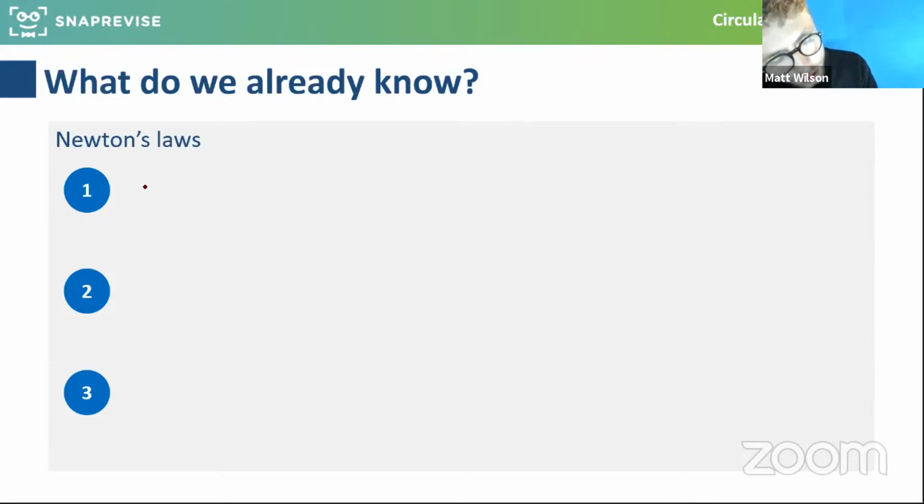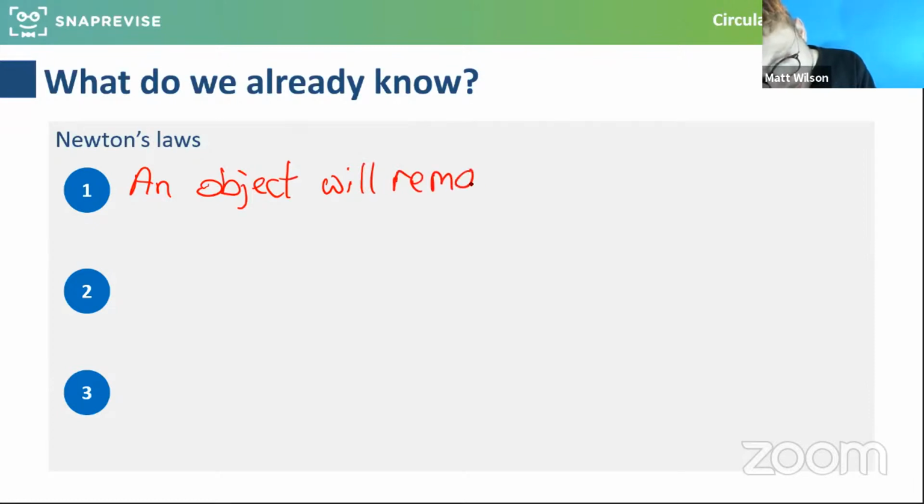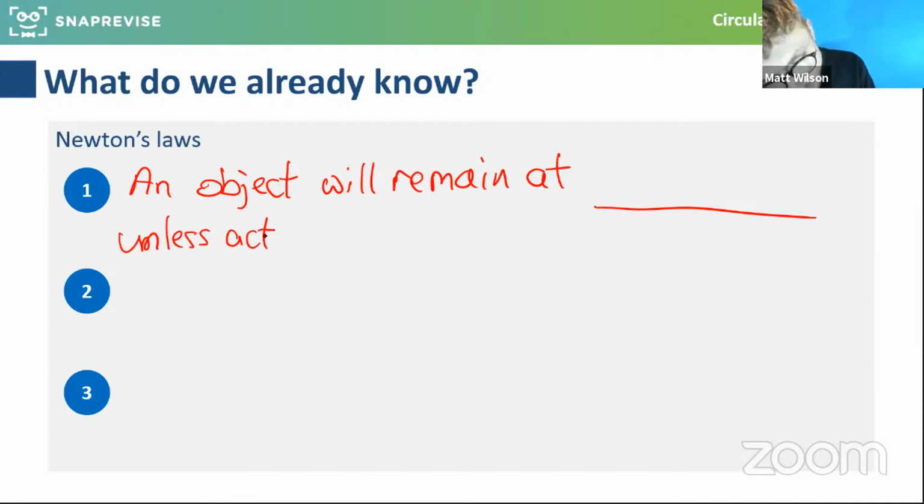I'm going to phrase it as: an object will remain at something unless acted on by a resultant something.